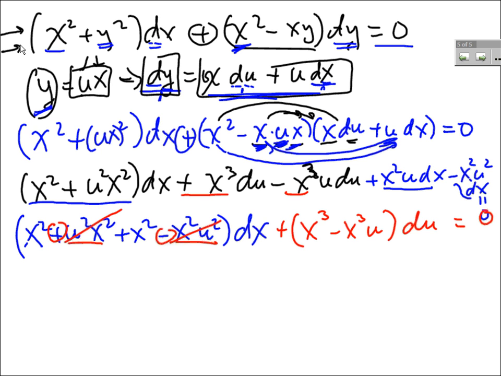Okay, now let's see. I meant to write down for dx x squared plus u squared x squared, which is right here, and then x squared u. I didn't write down the u, plus x squared u, sorry about that, minus x squared u. And still I'm not going to disagree that this cancels out. But what I have left, I'm going to write it down here.